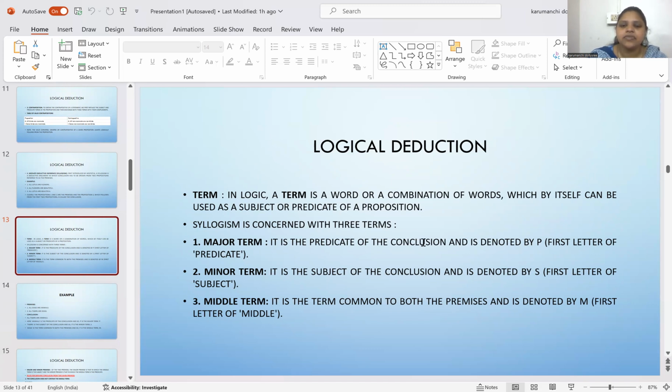The minor term is the subject of the conclusion and is denoted by S. We all know subject starts with S, so it is denoted by S. And the middle term is a term common to both premises and is denoted by M.